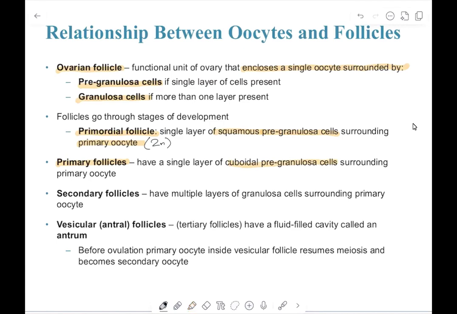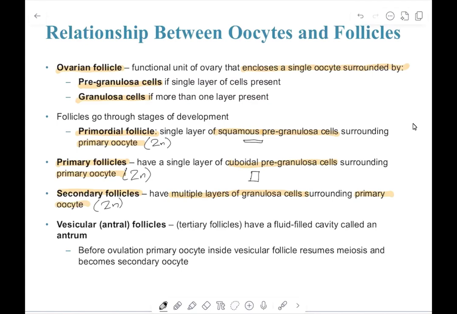So we kind of go from these flat cells here to these cube-like shaped structures. The primary follicle also surrounds the primary oocyte, which is also diploid. Then there is a secondary follicle. This happens as there are multiple layers of granulosa cells still surrounding a primary oocyte, which is diploid.